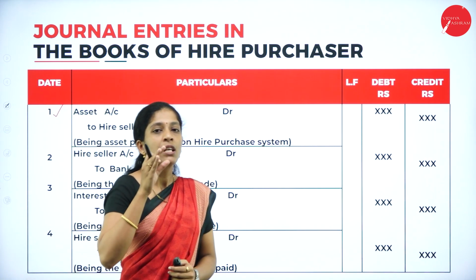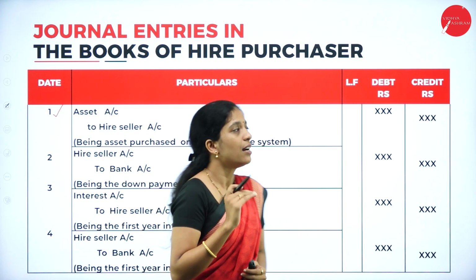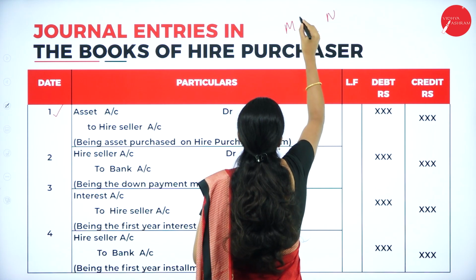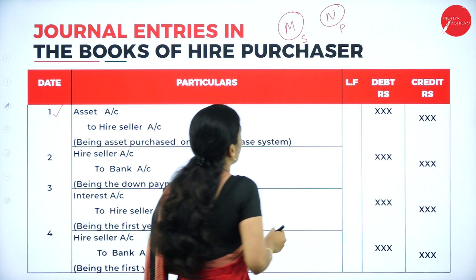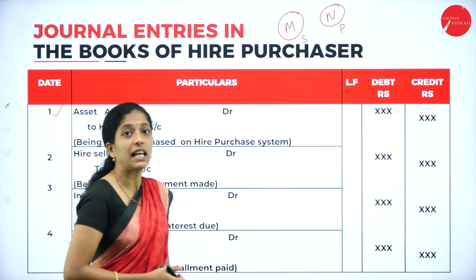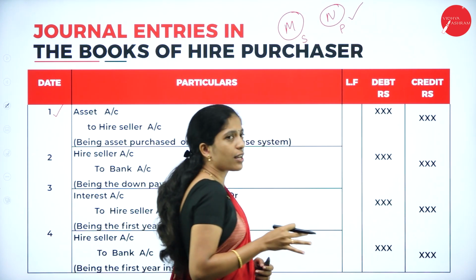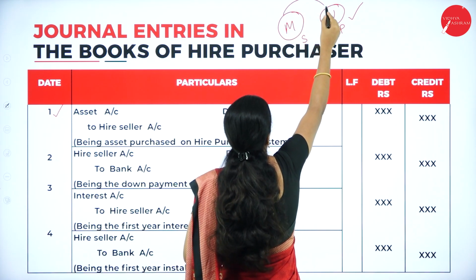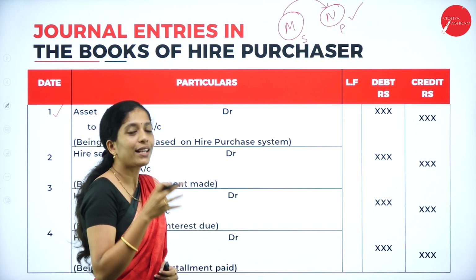It is an agreement between the hire seller as well as hire purchaser. For example, there are two parties, M and N, where M is a seller and N is a hire purchaser. Now we are going to prepare journal entries in the books of hire purchaser. Your hire seller transfers the goods or assets to the hire purchaser.